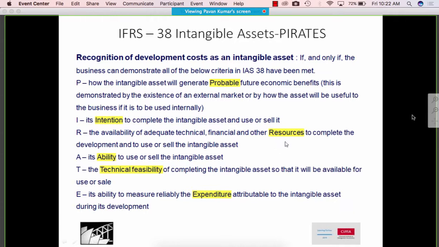There are technical, financial, and other resources available to complete, and it is able to use and sell the intangible asset, and the technical feasibility of completing is available. And the expenditure related to the development is identifiable and measurable reliably. So these are the criteria based on which you can classify as an asset under IAS 38.